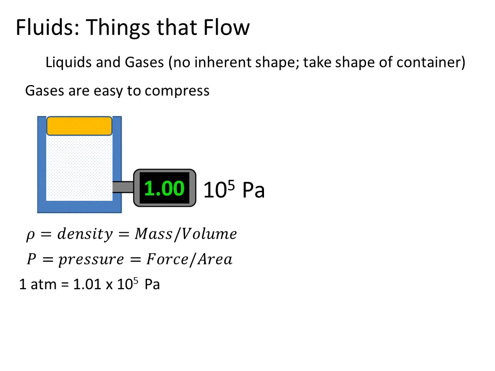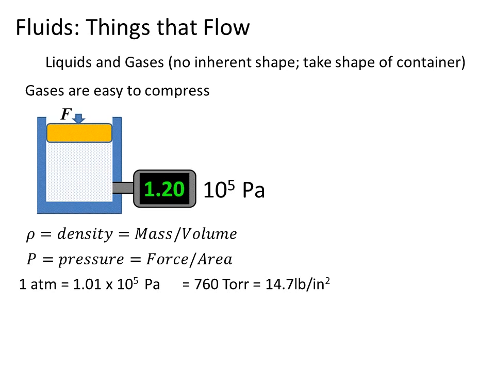So this gauge could also be in 10 to the 5th pascals. There are a couple other units that are commonly used for pressure. 760 torr is equal to 1 atmosphere, and also 14.7 pounds per square inch, the English units, are equal to 1 atmosphere.